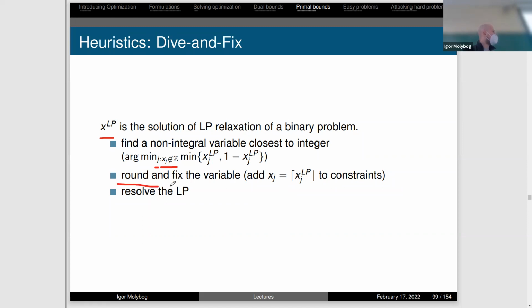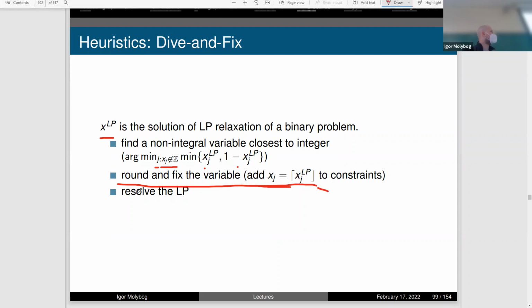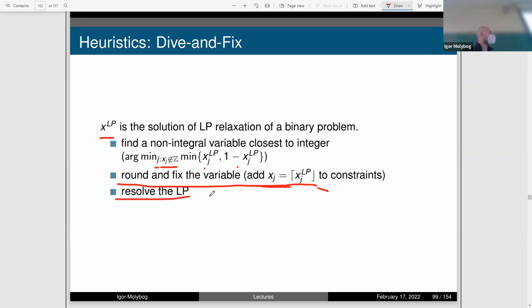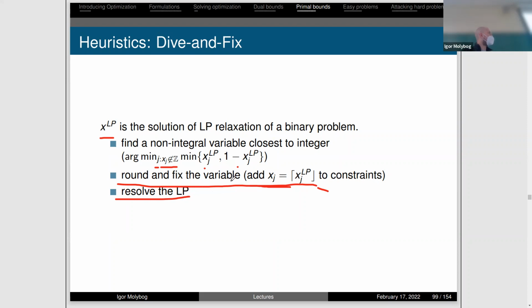So we are rounding this particular variable that is closest to being integral, by adding the rounding constraint to our optimization problem. Then we resolve the LP with one less variable, and we can proceed with this until we run out of variables or until we have an infeasible LP.